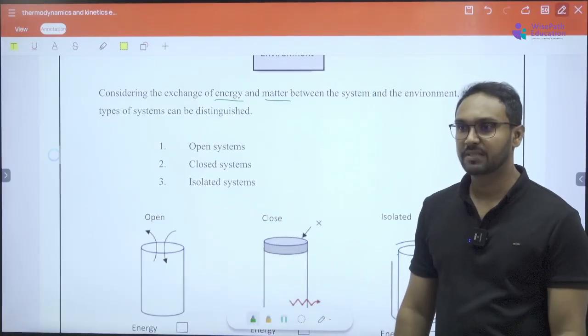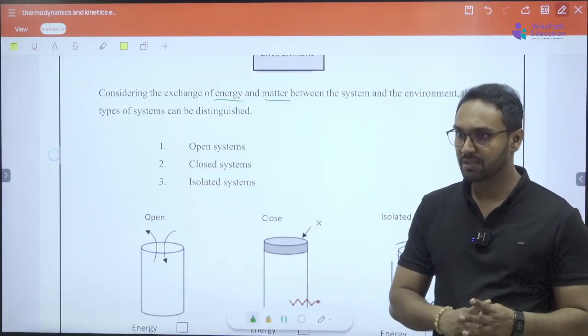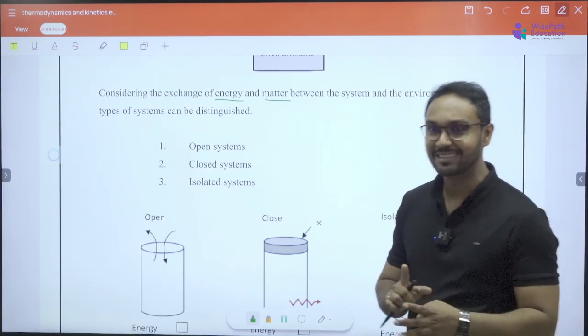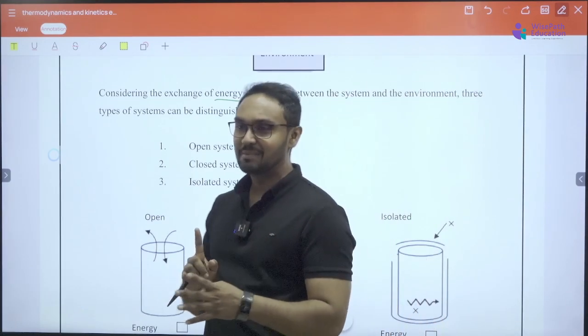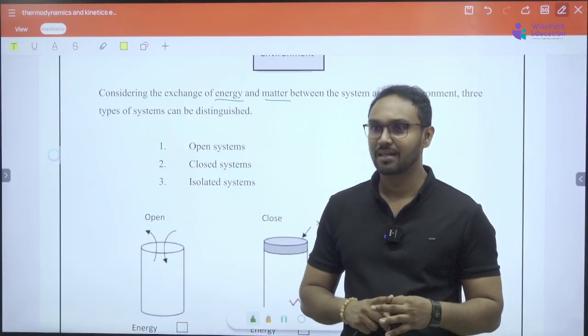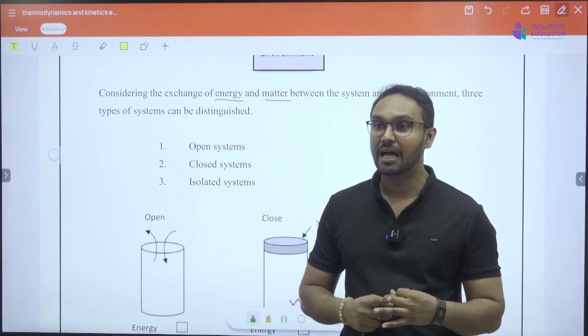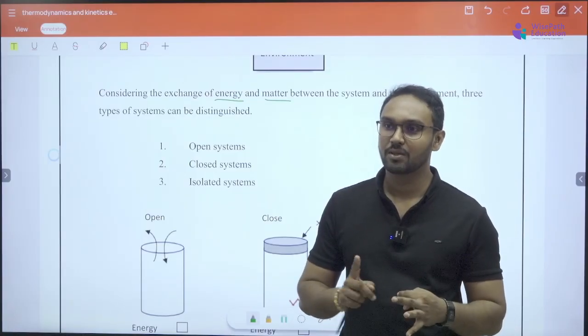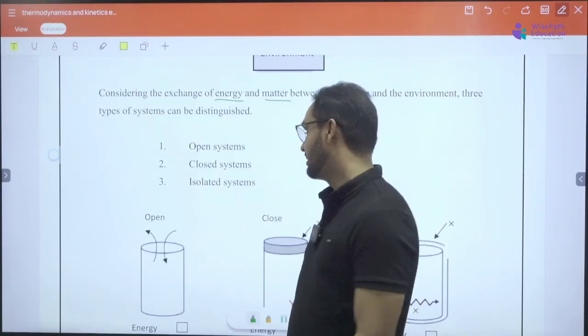What are they? One is the open system, not the open Gangnam style, the open system. The other is the closed system, and the last one is the isolated system. So there are three systems: open, closed, and isolated.